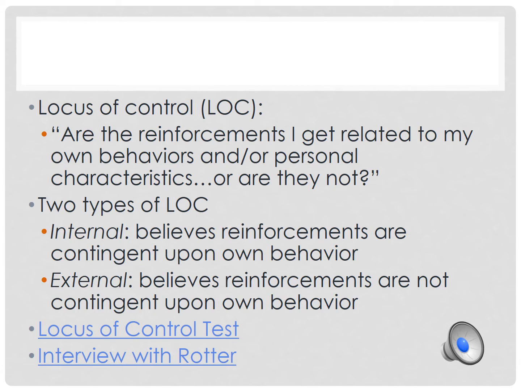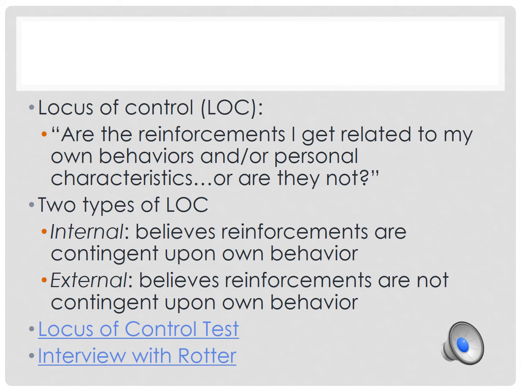All right, so let's take a look at this very well-known concept of Rotter's, the locus of control. You'll see that this shares some conceptual similarity with attribution theory and expectancy as well. Locus of control is a person's answer to the following question: are the reinforcements I get related to my own behaviors and/or personal characteristics, or are they not?